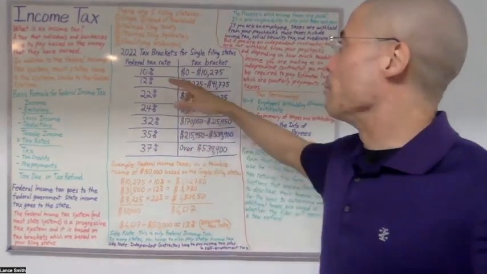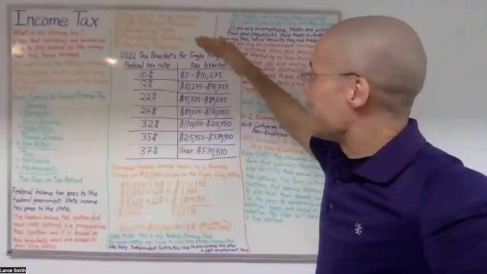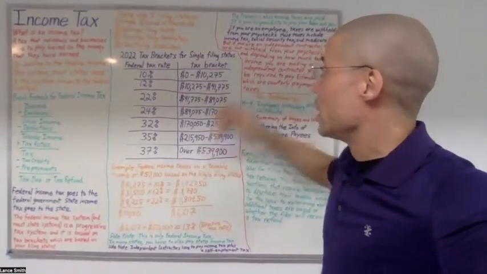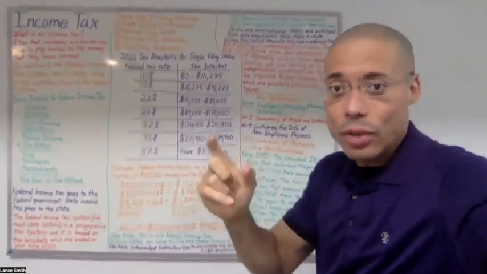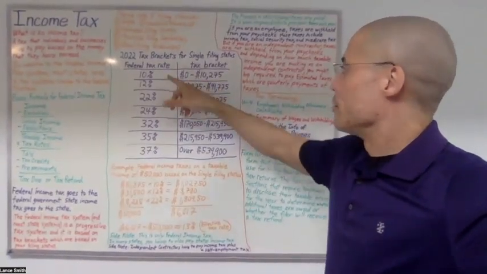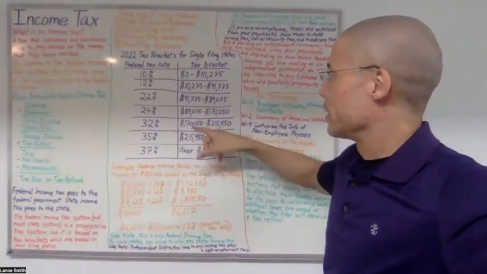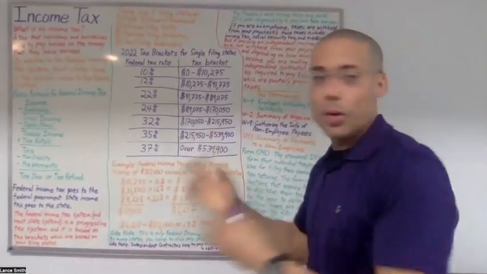For the tax year 2022, these are the tax brackets for a person who is filing as single. So you have these tax brackets and the federal tax rate. To really explain this, let's just go through an example.